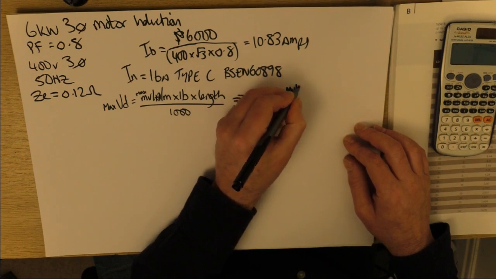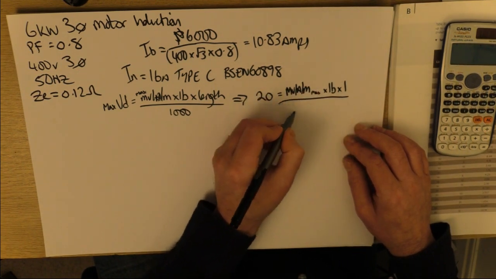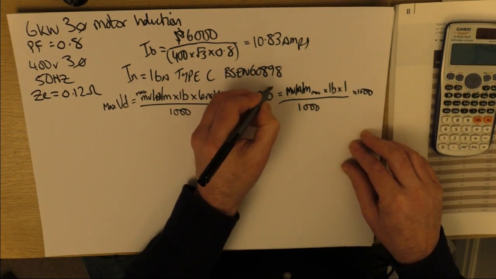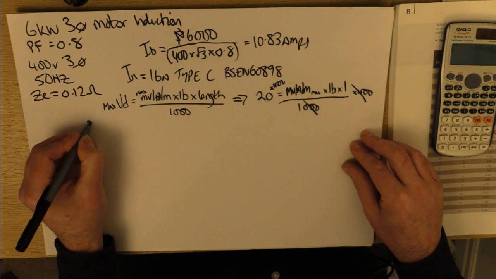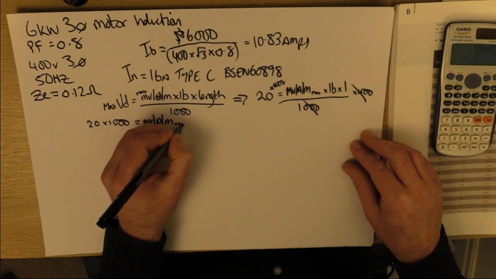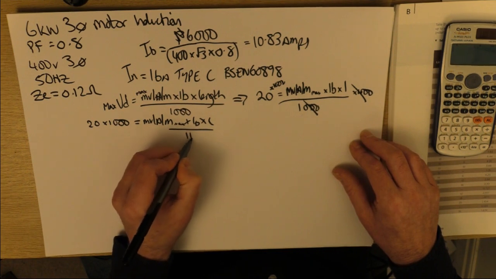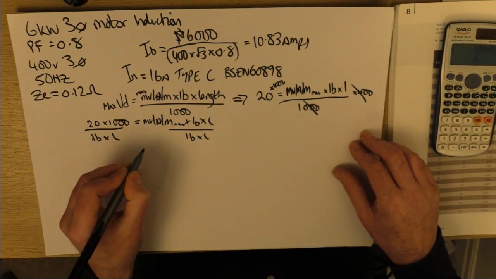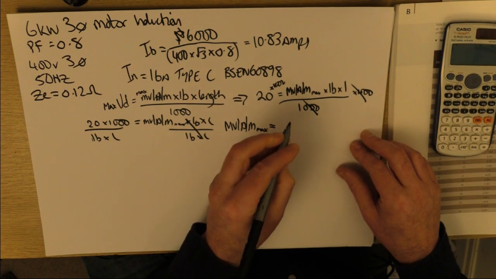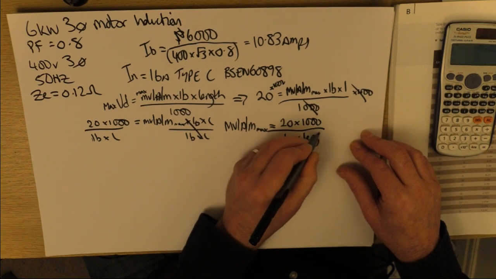So millivolt max times IB times, I'm just going to put L. So transposition, you'd multiply that out, copy it that side, cancel, and then you've got 20 times 1000 is equal to millivolt per amp per meter max times IB times L. Then you would divide out this lot, copy it that side, and then you can cancel, and we end up with millivolt per amp per meter max equals 20 times 1000 divided by IB times the length.